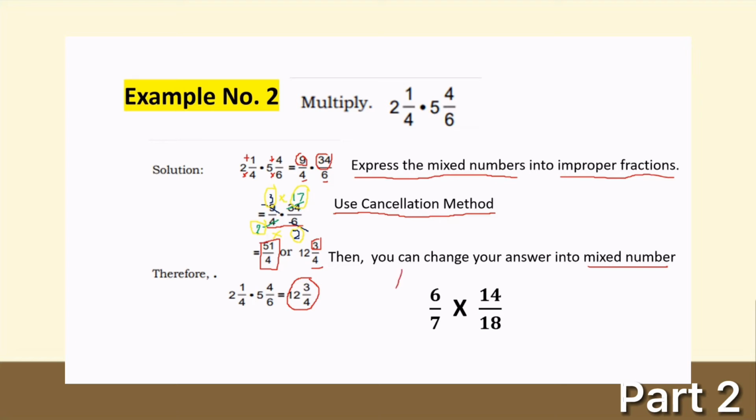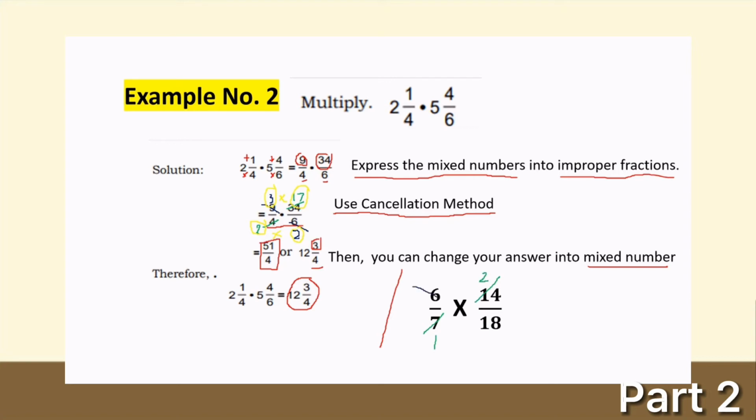So, let us have another example using the cancellation. 6/7 times 14 over 18. So, hanap ka lang ng pwedeng makancel. 7 and 14 divisible by 7. 7 divided by 7 is 1. 14 divided by 7 is 2.